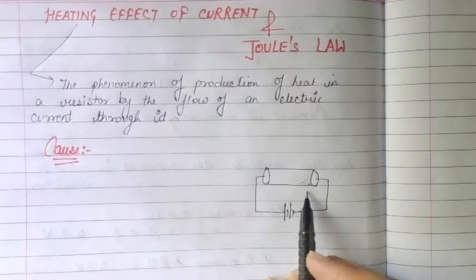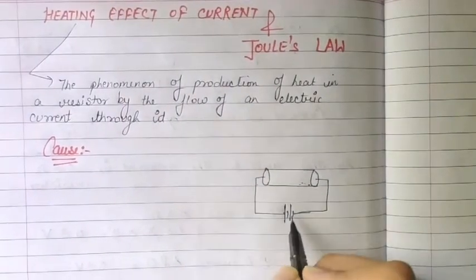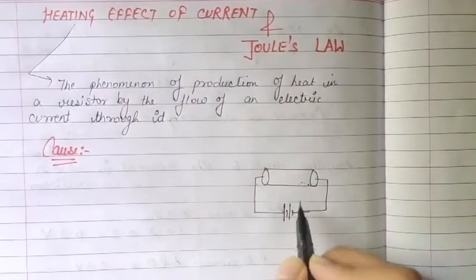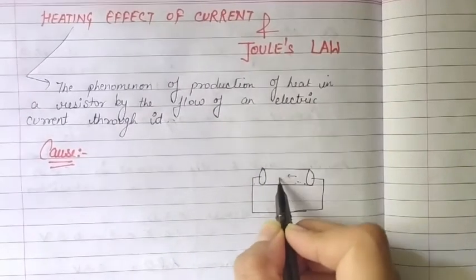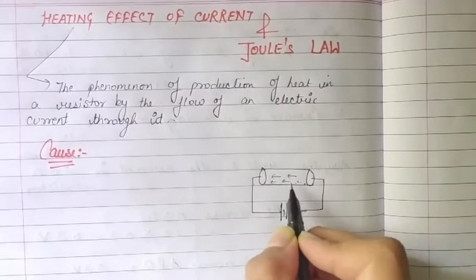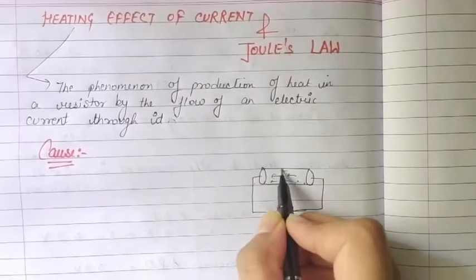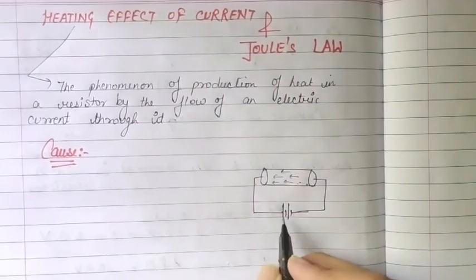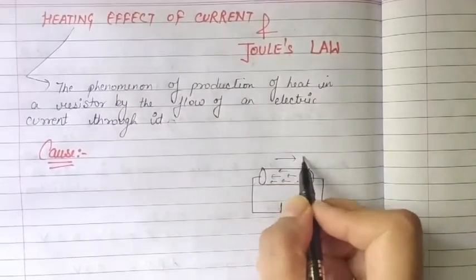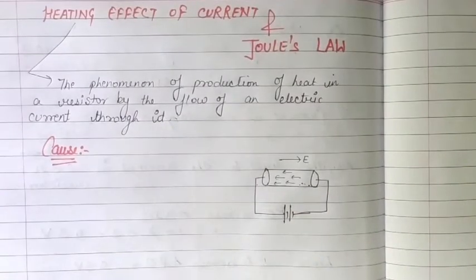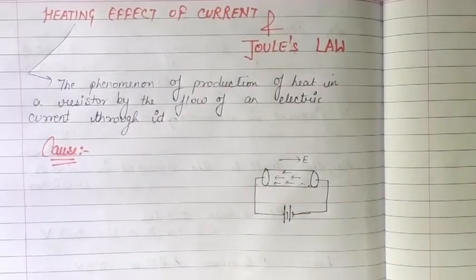The free electrons inside the conductor will be accelerated towards the positive end, like this. This will be the direction of motion of free electrons, while the electric field set up across the conductor will be from positive to negative direction. So these two are in opposite directions.